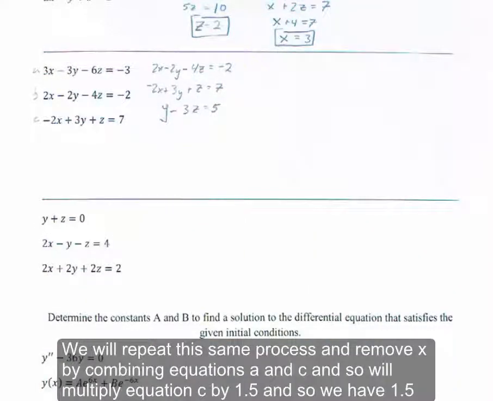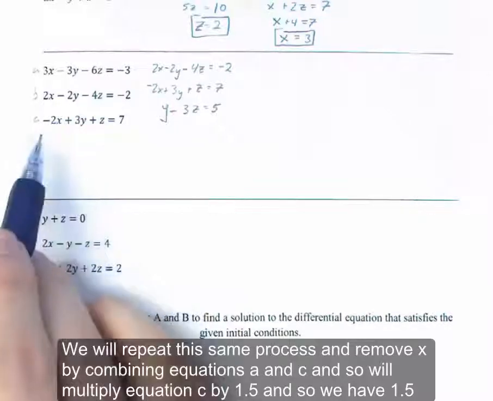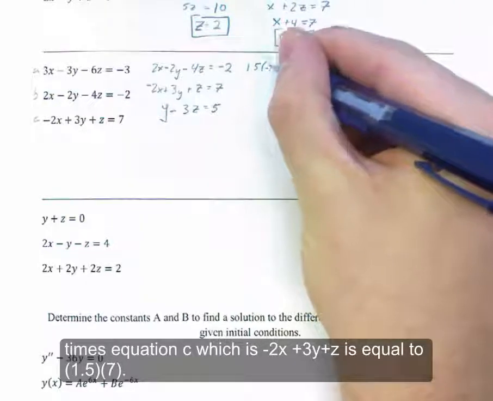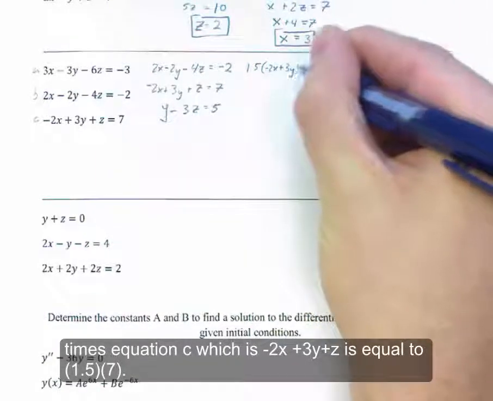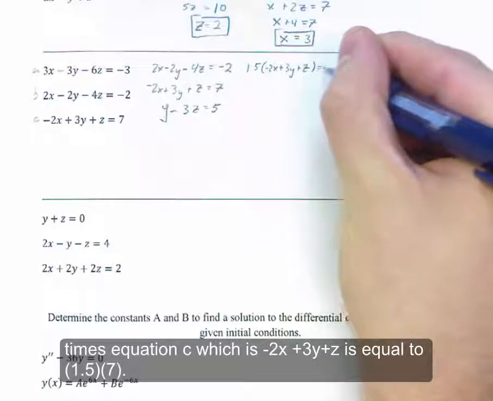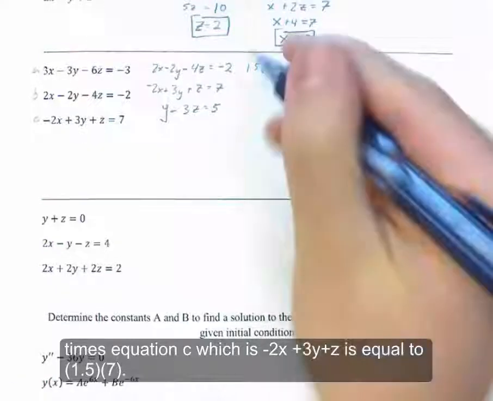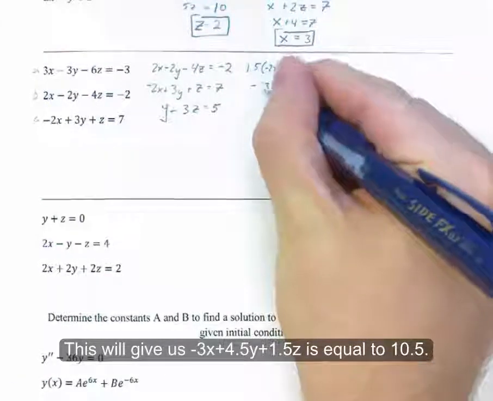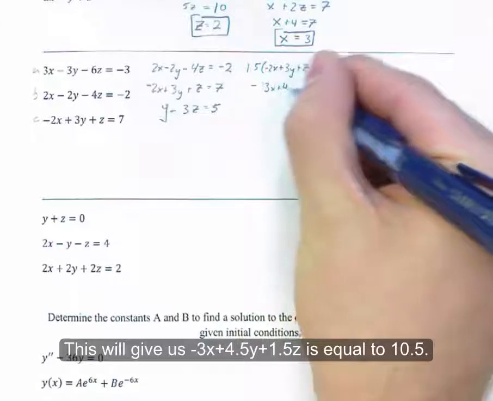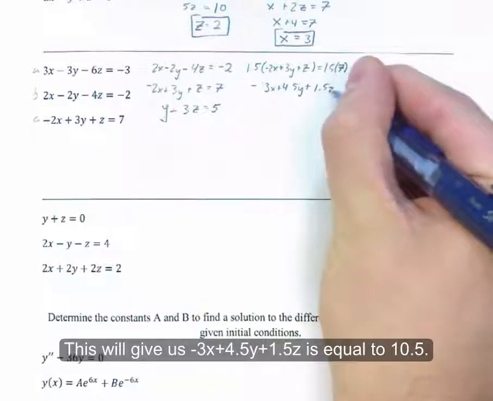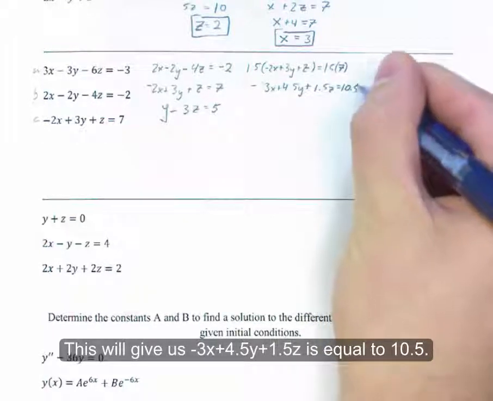We will repeat this same process and remove x by combining equations A and C. And so we will multiply equation C by 1.5. And so we have 1.5 times equation C, which is negative 2x plus 3y plus z is equal to 1.5 times 7. This will give us negative 3x plus 4.5y plus 1.5z is equal to 10.5.